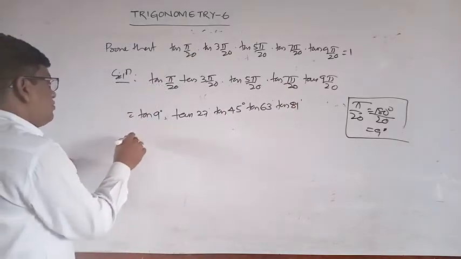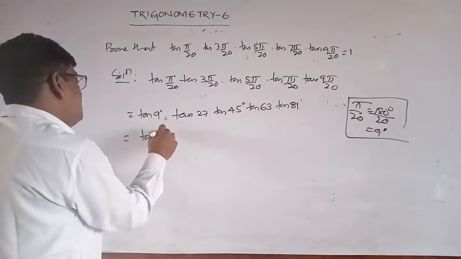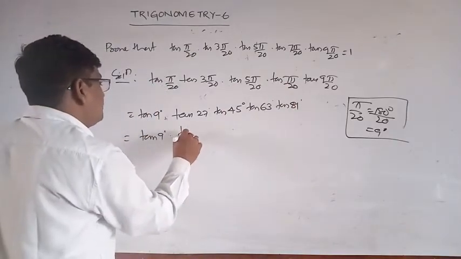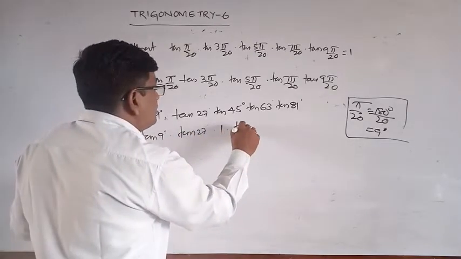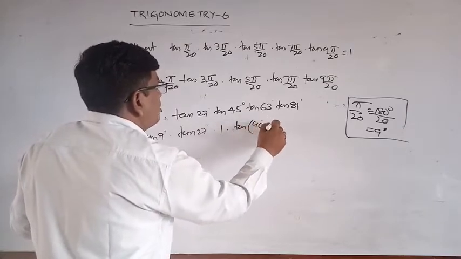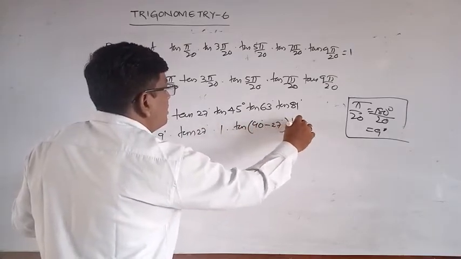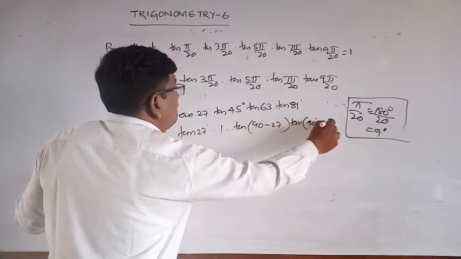So this is equal to tan 9 degrees into tan 27 degrees into tan 45, and tan 63 is tan(90 minus 27 degrees) and tan 81 is tan(90 minus 9 degrees).